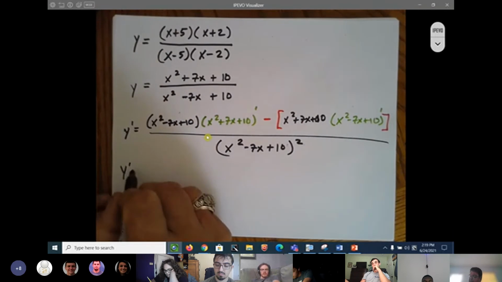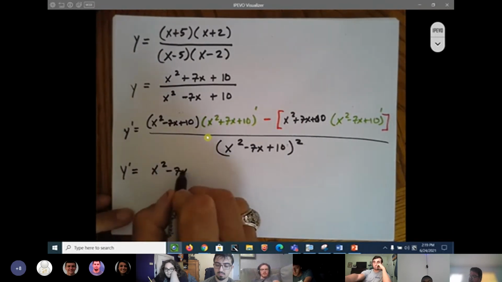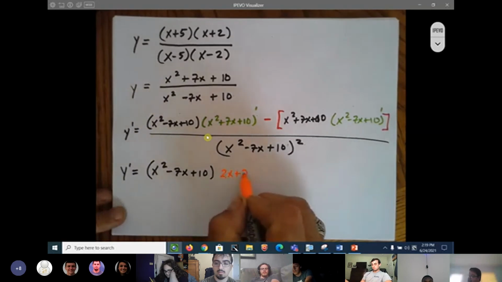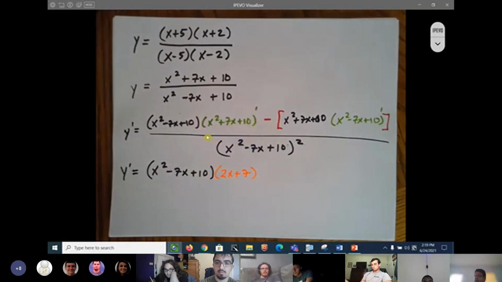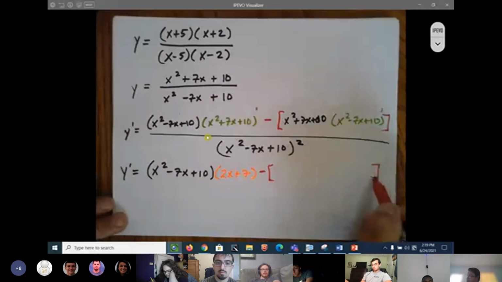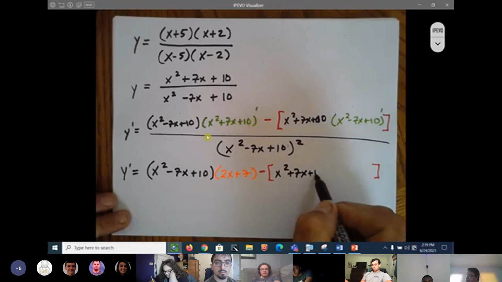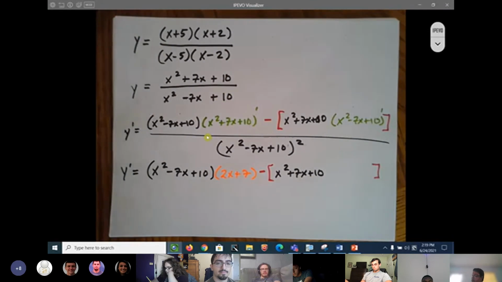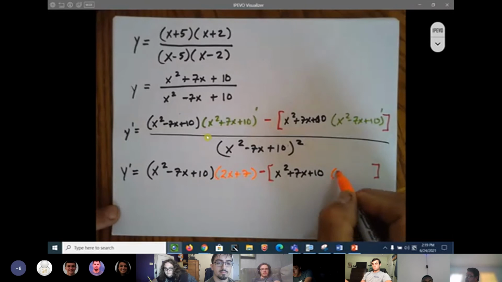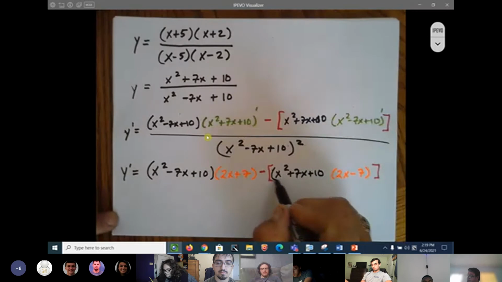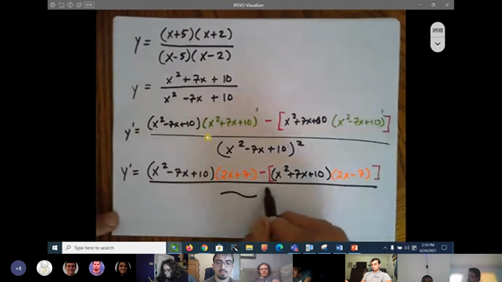Y prime is equal to (x squared minus 7x plus 10) times (2x plus 7), minus (x squared plus 7x plus 10) times (2x minus 7), all over that squared.